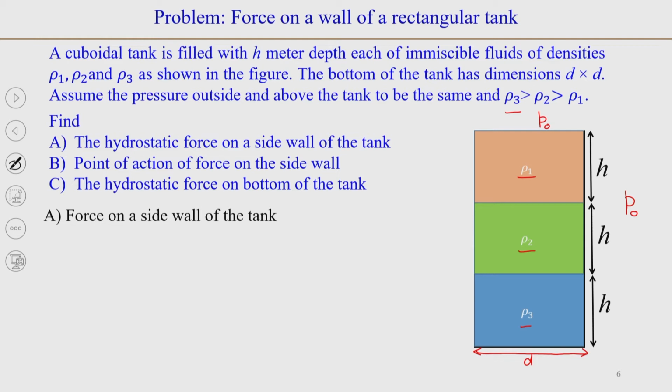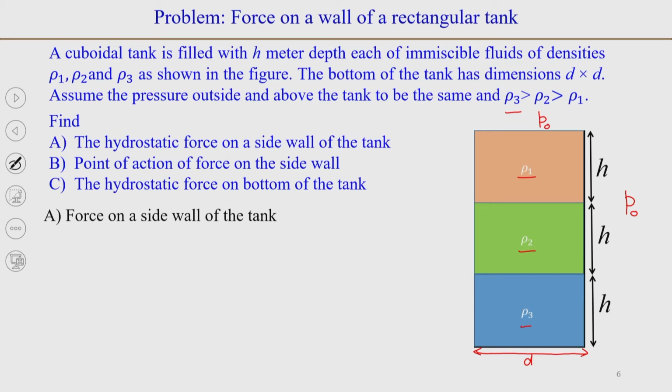It is not varying continuously. So, we can divide it into 3 different liquid columns, or we can treat these as 3 different liquid columns and obtain the net force on the side wall.